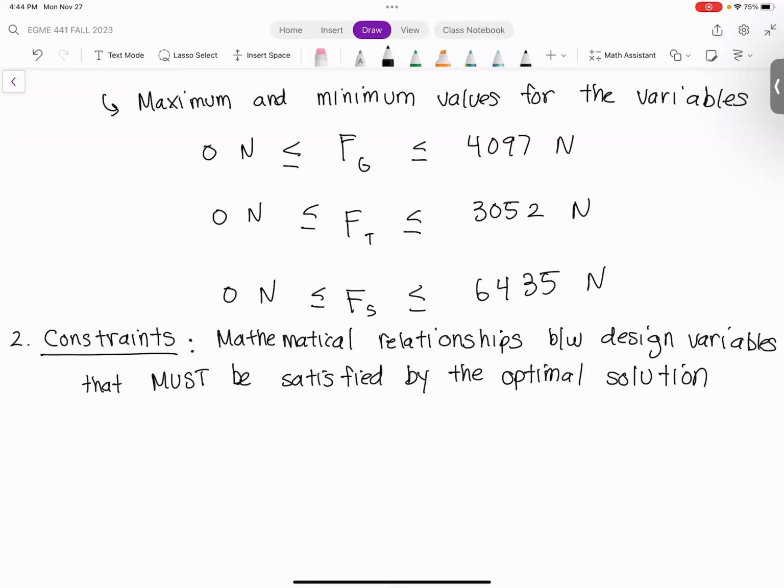So you can think of constraints as equations that have to be satisfied by whatever your solution is going to be.